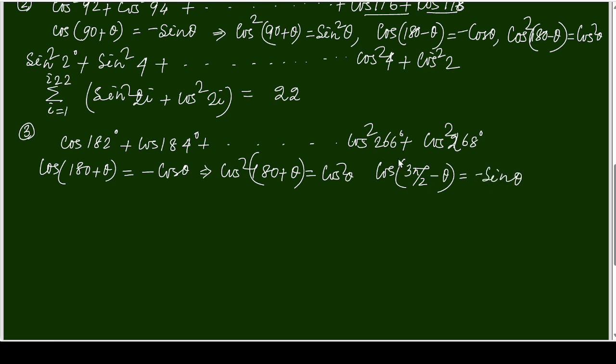And when I take the square, it will be sin square. So here this cos square 182 will be cos square 2 plus cos square 4 plus cos square 6. Here somewhere cos square 44. Then it will be all sin square.